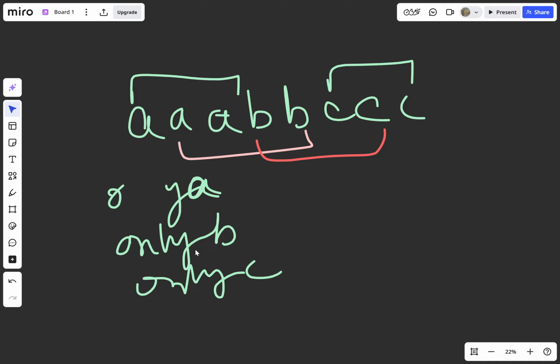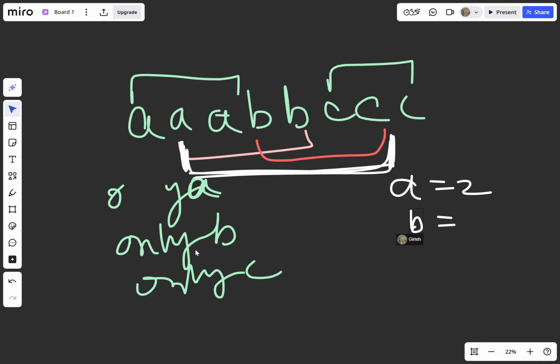Then, after taking A, B and C, all three of them, we will have the substring from this A to this C, where the A count is 2, the B count is 2 and the C count is also 2.